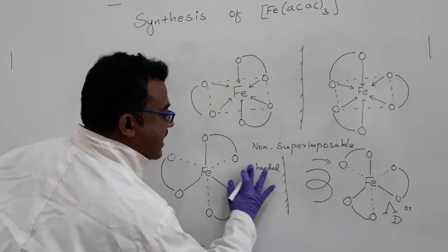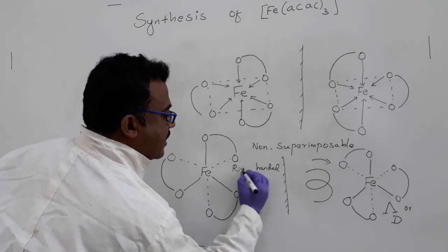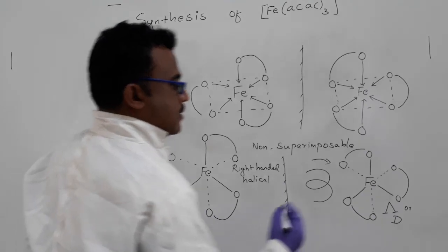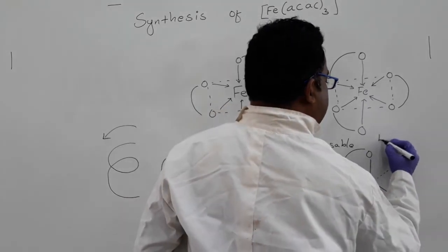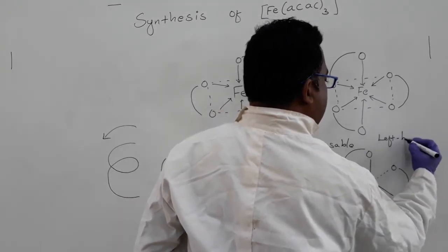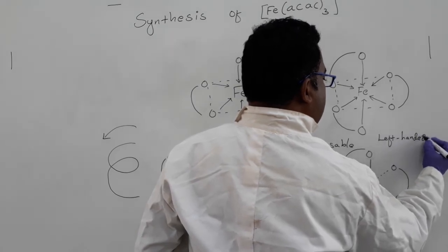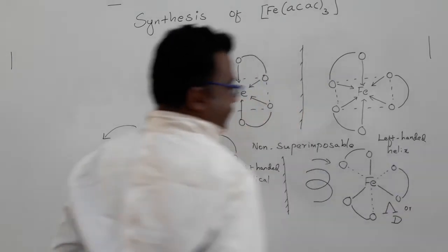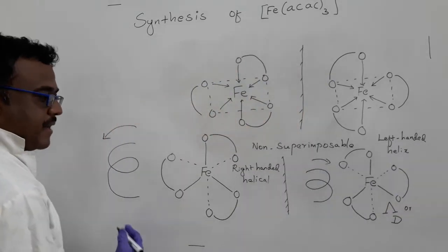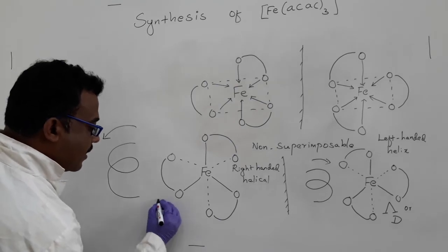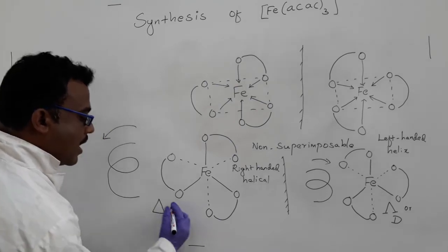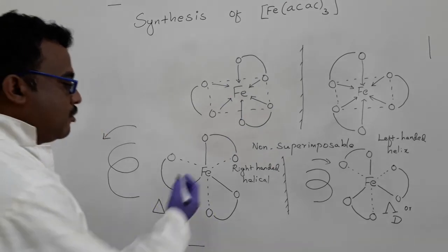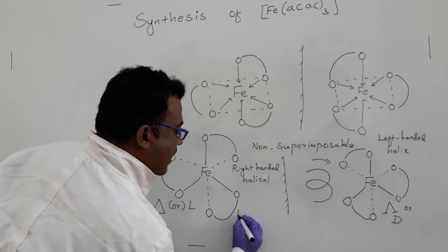Sorry, this one has a right-handed helix, and this one has a left-handed helix. This one will be designated by the symbol delta. So this complex has to be called delta.